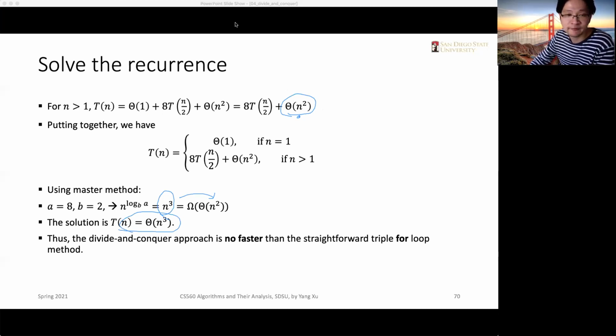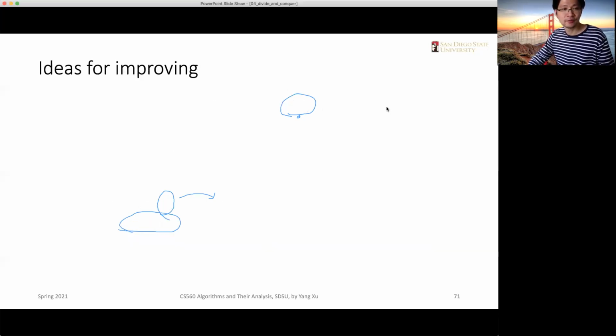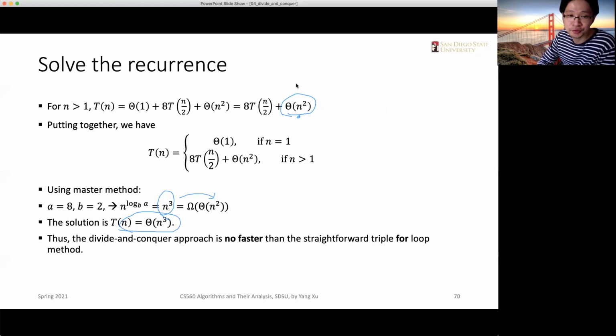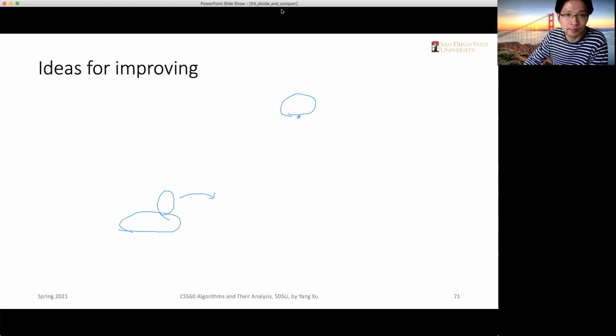And it's kind of frustrating, right? It seems there are no further ways to get a better implementation. But actually, the divide and conquer recurrence can give us some ideas of where to improve the algorithm.